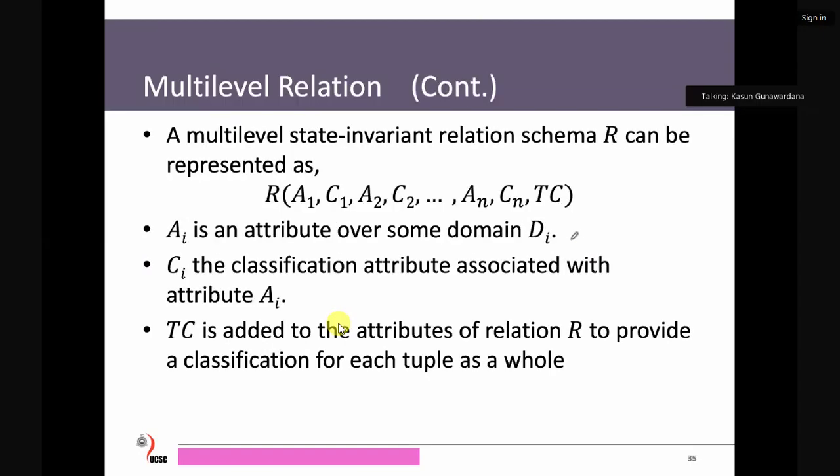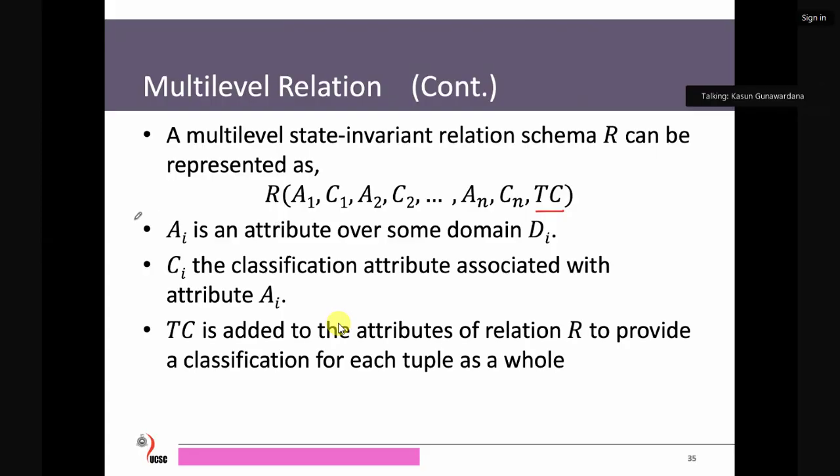When it comes to the multi-level relational model, it defines its relation schema as A1 C1, A2 C2, A3 C3, ... AN CN, and TC. So what are these? The A's given here are attributes, similar to the previous case: index number, name, telephone number, address, likewise.